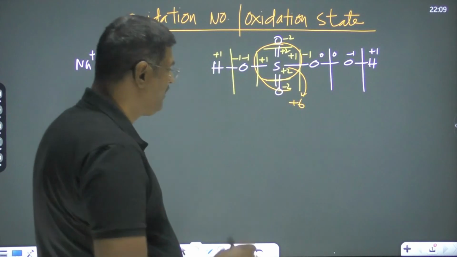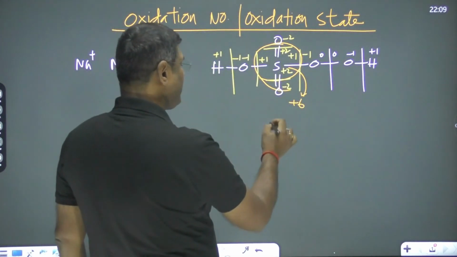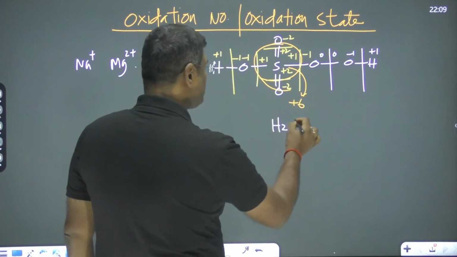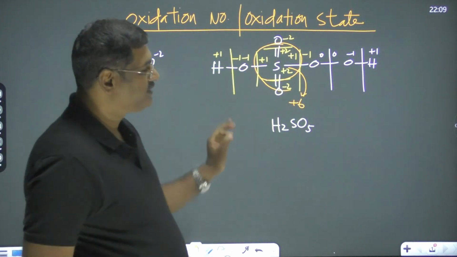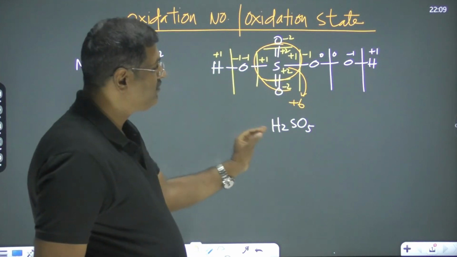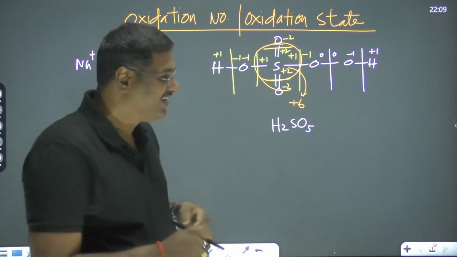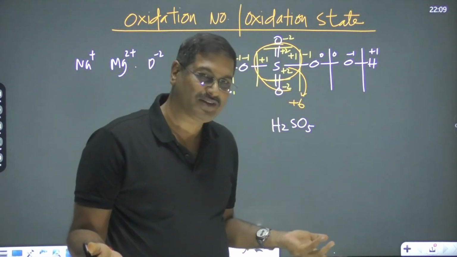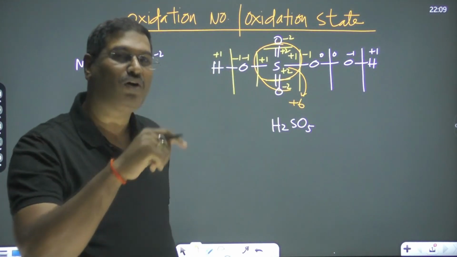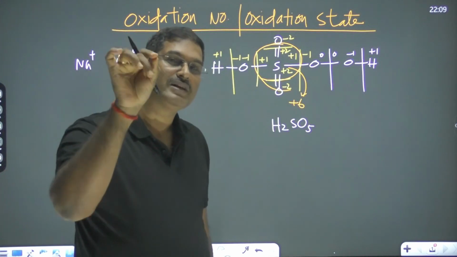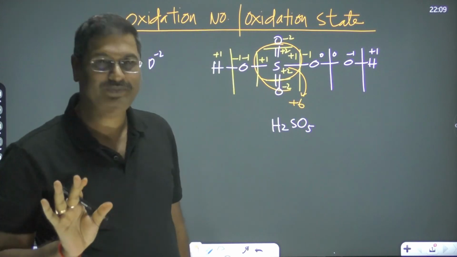When a molecule is given like this, H2SO5, what is the oxidation number of oxygen? You don't know which oxygen, right? O5 is given, there are 5 oxygen atoms, and you don't know which. Then you take the average of the oxidation numbers of all the oxygen atoms in the molecule.